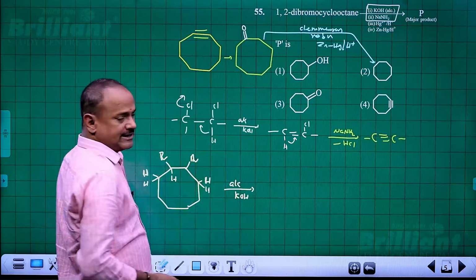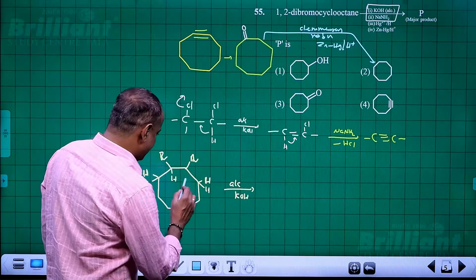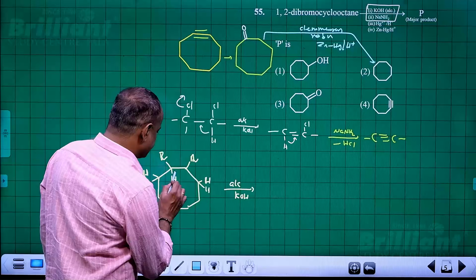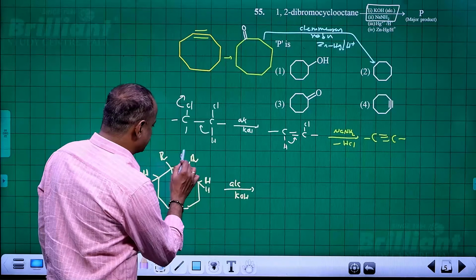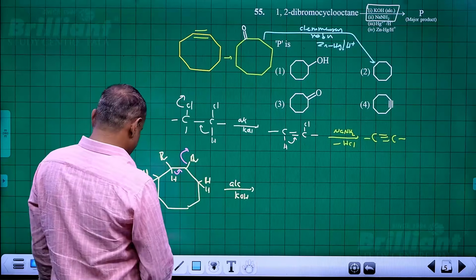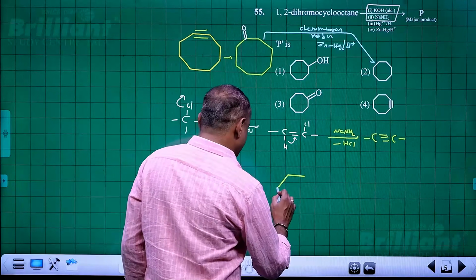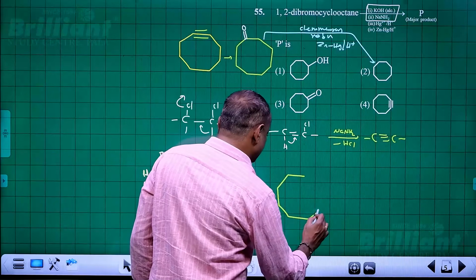It is Saytzeff rule, not Hofmann rule. Less number of H, this is less number only. So this H and this Br are eliminated, but not this H. It's CH2 formula. That is why it is taken as the first vinyl halide.